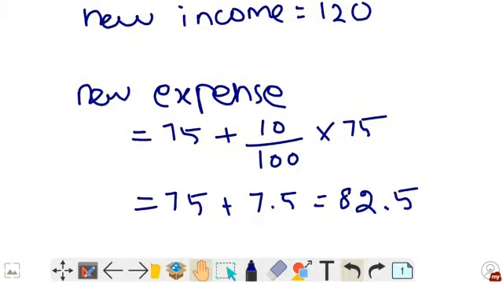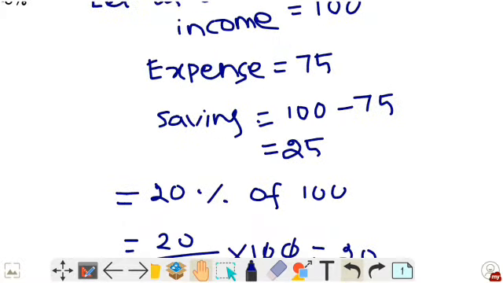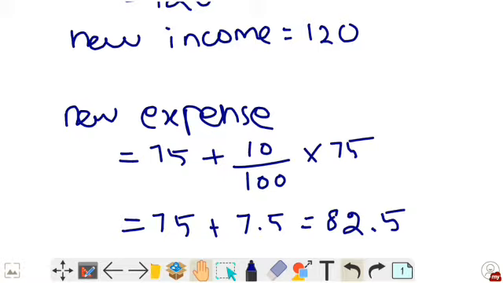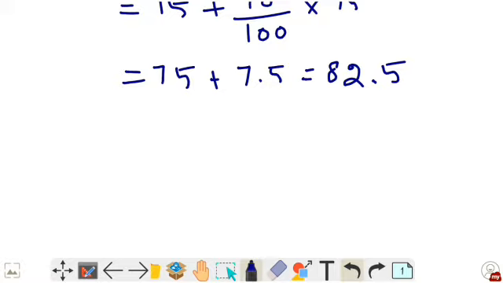So we know new expense and we know the old expense, 75. Now we calculate what is his new saving.